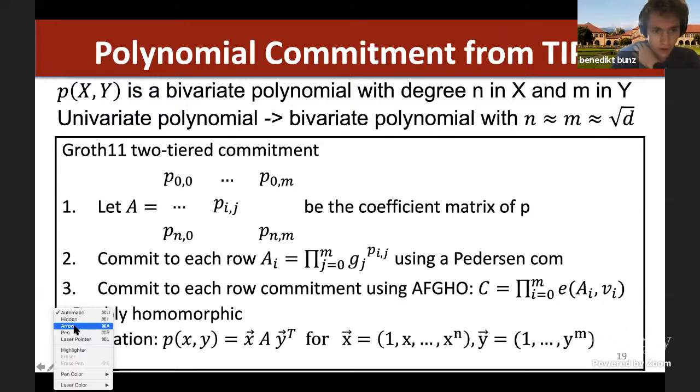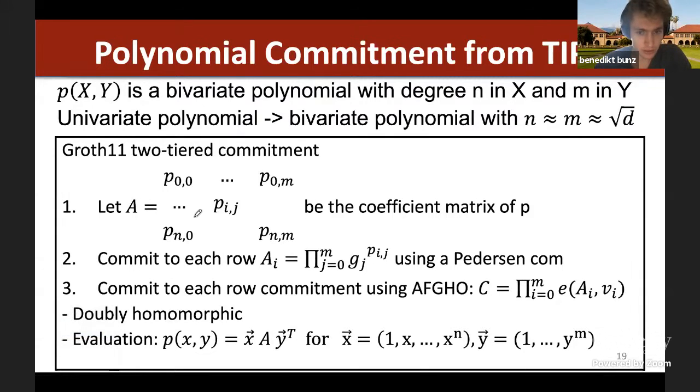And we're using the Groth 11 two-tiered commitment scheme. Groth 11's commitment scheme is a commitment scheme for matrices, and we can write our coefficients as a matrix A. So this is an m by n matrix A, and each entry is one of the coefficients of the polynomial P. And then we commit to each row using a Pedersen commitment, and then commit to the row commitments.